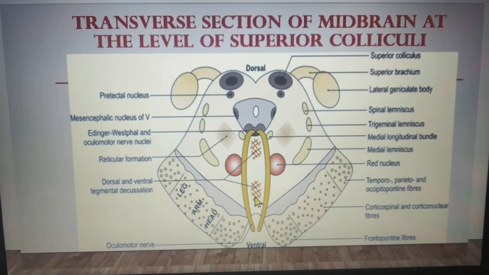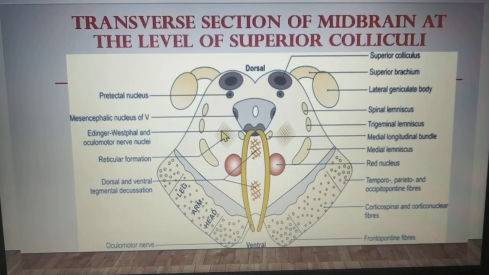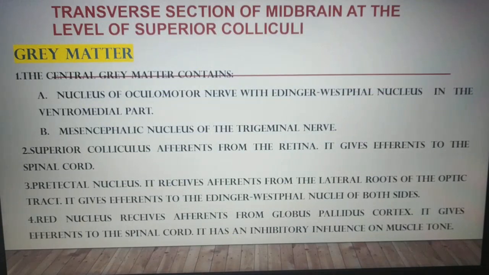The decussations of the tectospinal and the tectobulbar tracts form the dorsal segment. The decussations of the rubrospinal tract form the ventral segment. This is the ventral segment. This is the dorsal segment. And then comes the reticular formation, which we see at all the levels of the colliculus.